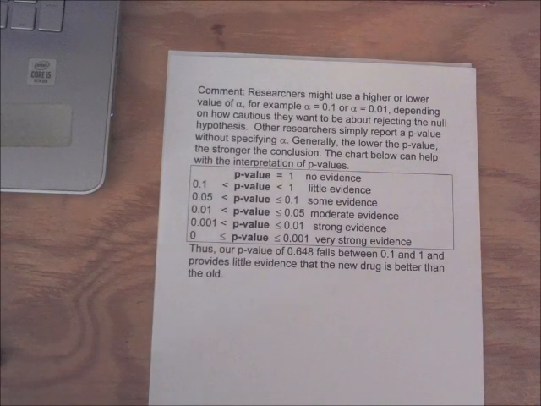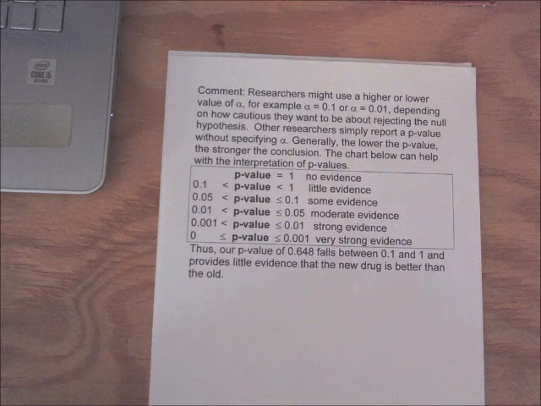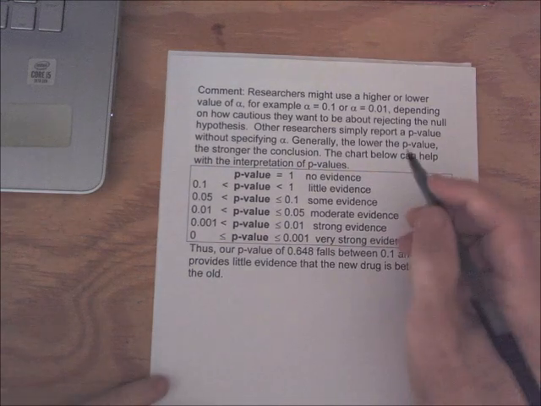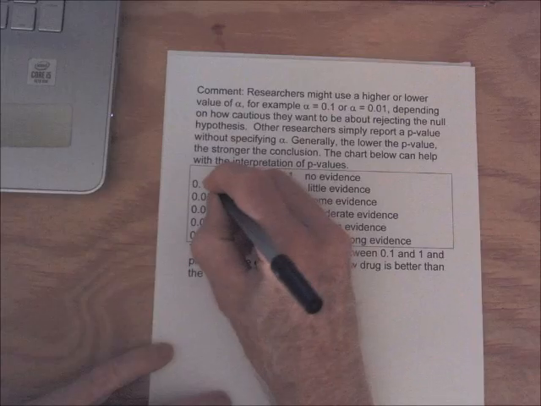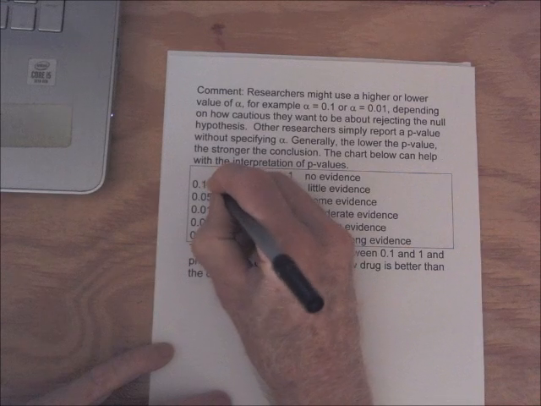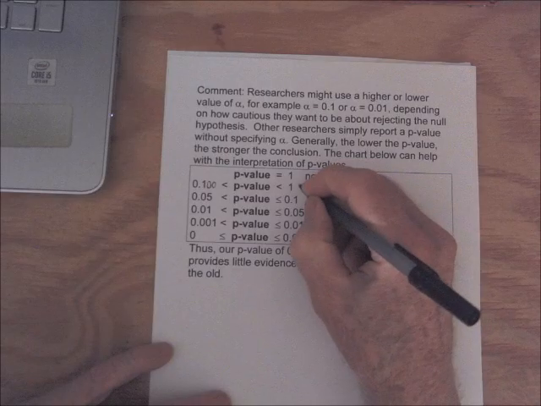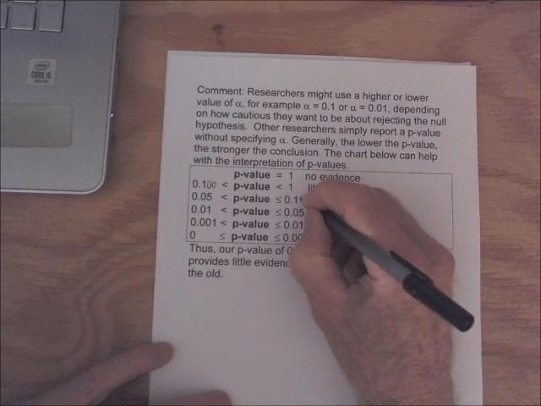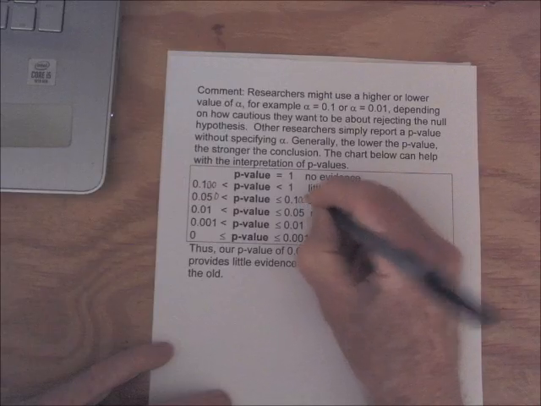And the chart below gives us some guidance in interpreting p-values. Our p-values had 3 decimal digits, so it might help to add some trailing zeros so that we have 3 digits behind all of these, which makes it easier to compare the numbers.